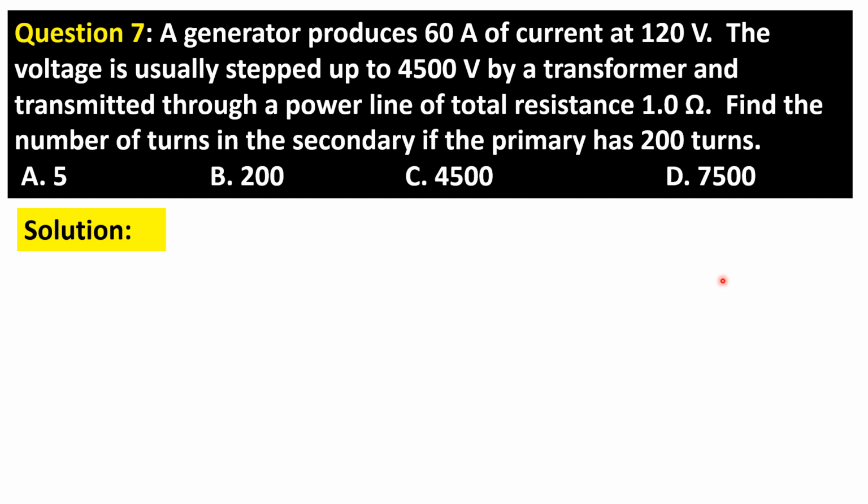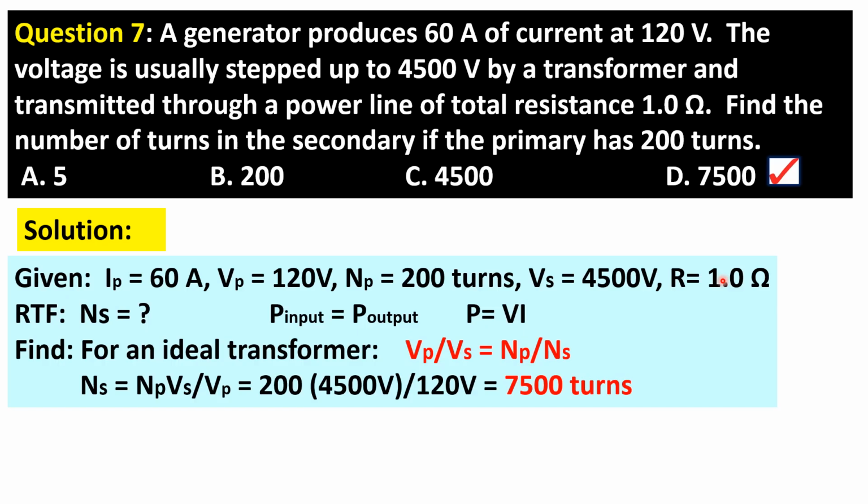So, the concept about transformers is just actually the result of electromagnetic induction, which we have briefly talked about earlier. First we will identify the given variables. We are given the current in the primary coil, which is 60 amperes, and the voltage in the primary coil is 120 volts.